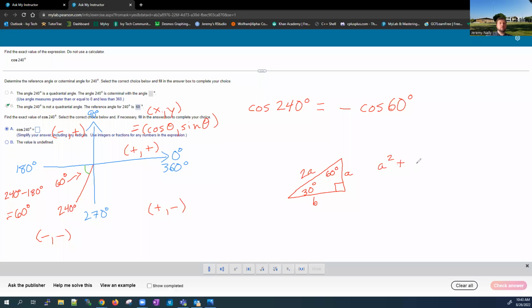So I'll just call that B for now. So A squared plus B squared is equal to 2A squared.